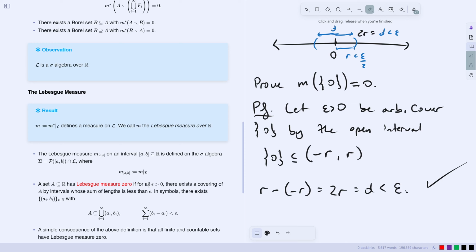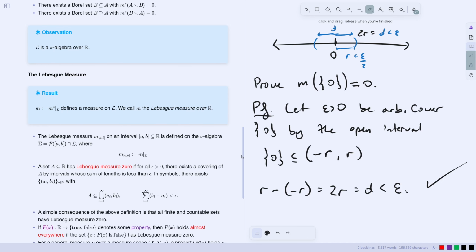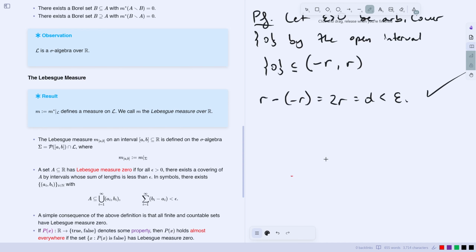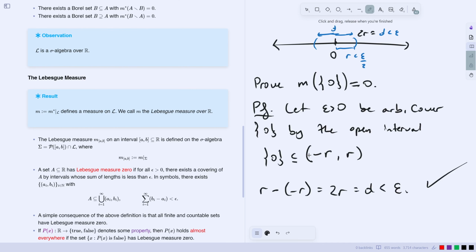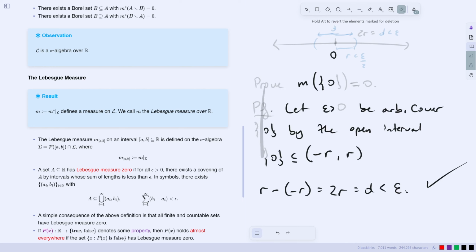The set containing 1 and 5 and pi has 3 elements, so it has Lebesgue measure 0. Sometimes we have some function and we want to talk about the points where that function fails to be differentiable.